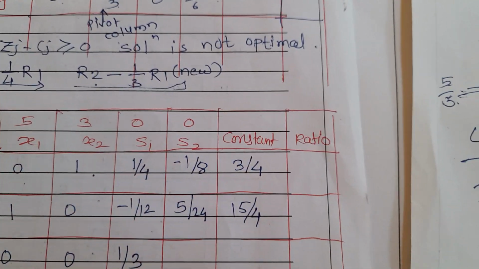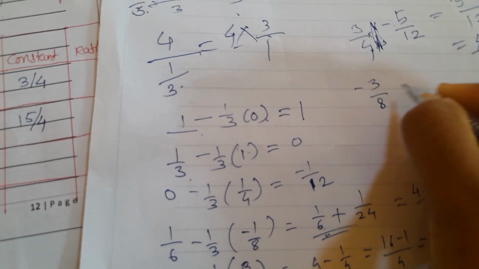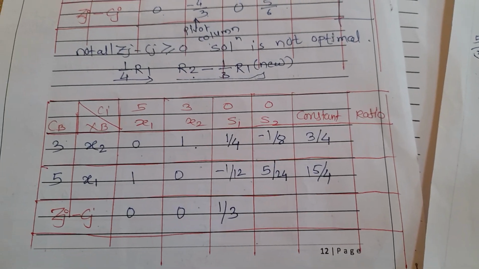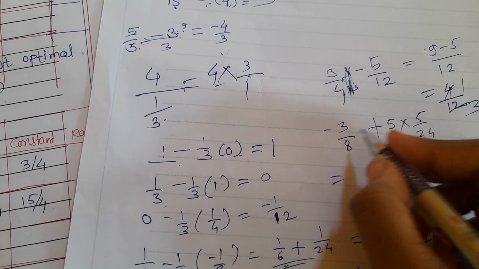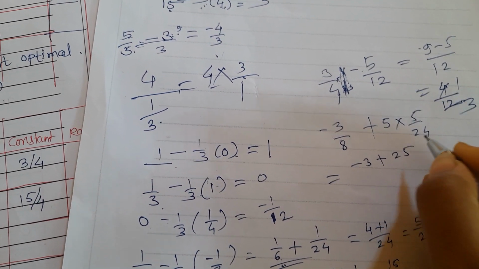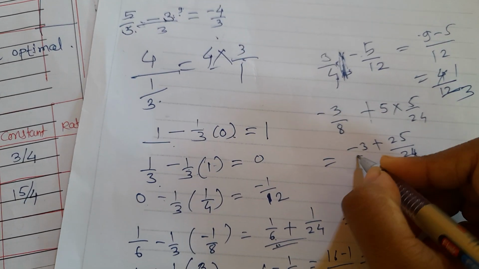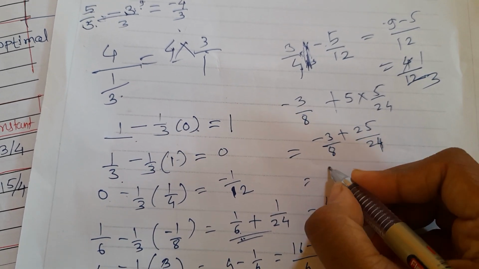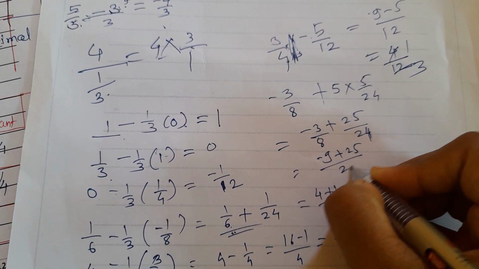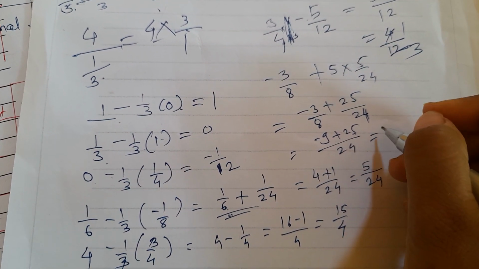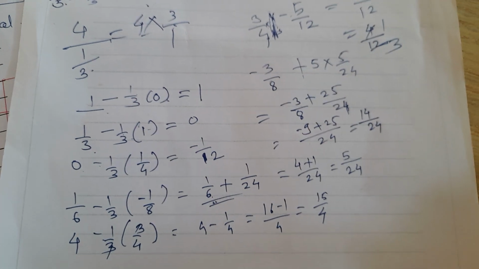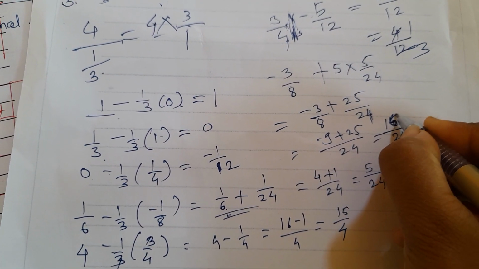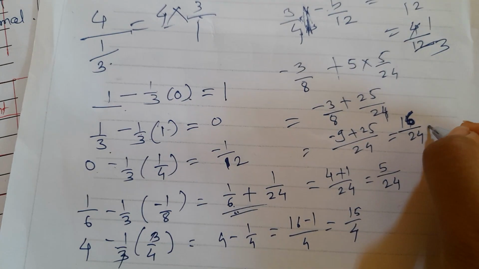Again 3 into minus 1 by 8, minus 3 by 8, plus 5 into 5 by 24. Minus 3 plus 25 upon 24 and 8 want to become the same, so minus 9 plus 25 upon 24. 25 minus 9 is, no, 16, sorry, 16 upon 24.